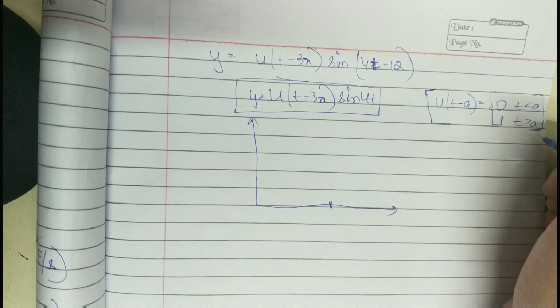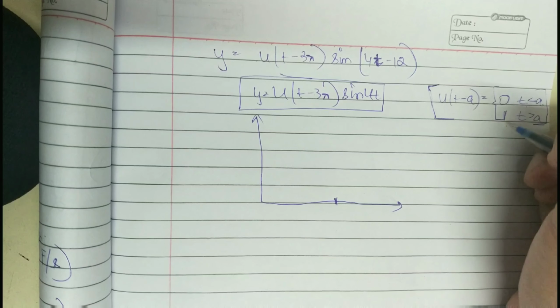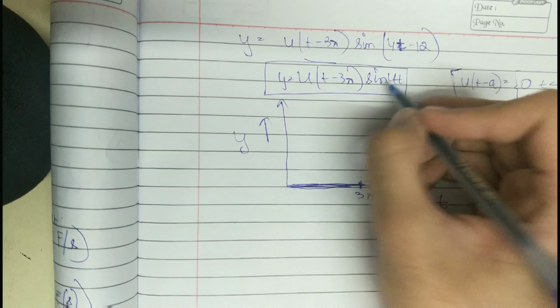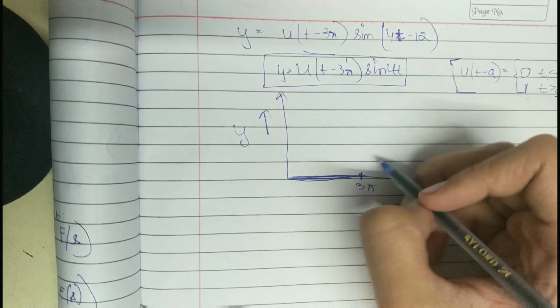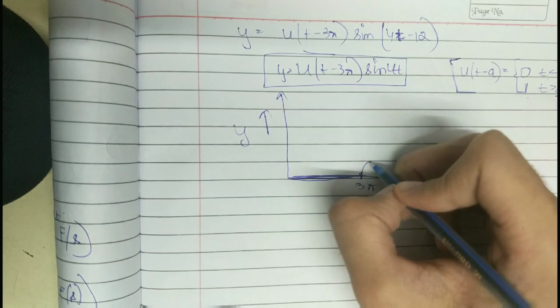This is how the unit step function is defined. So before 3 pi, the value of y is 0 due to the Heaviside unit step function, and after this threshold of 3 pi, it follows the sine 4t wave.